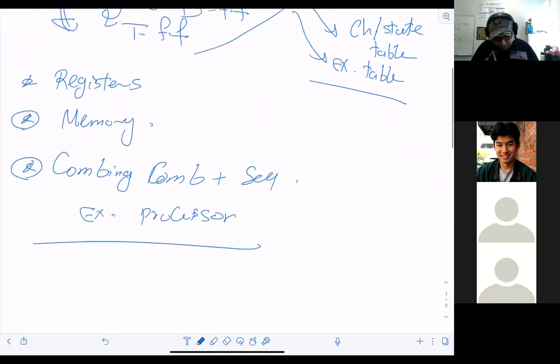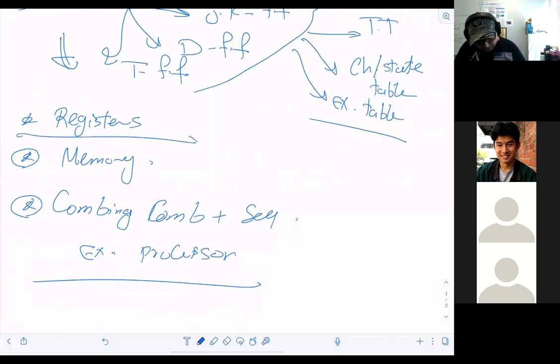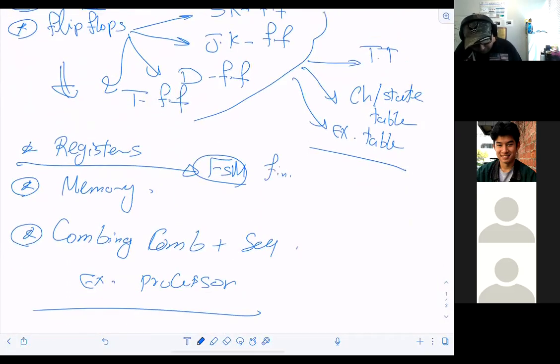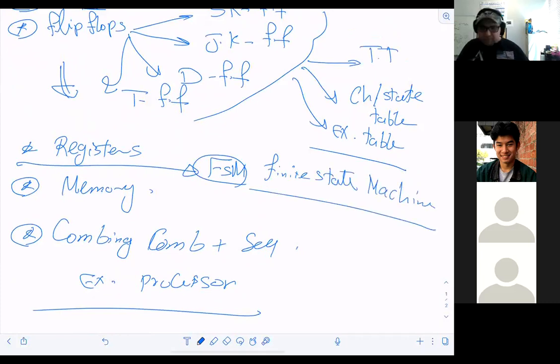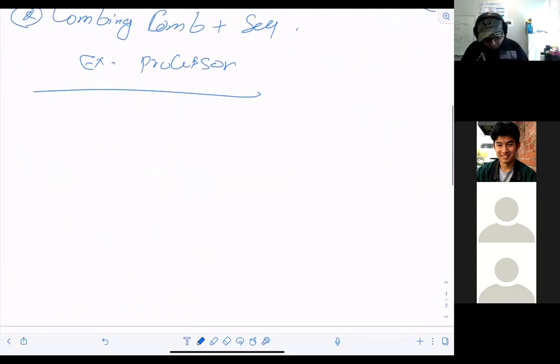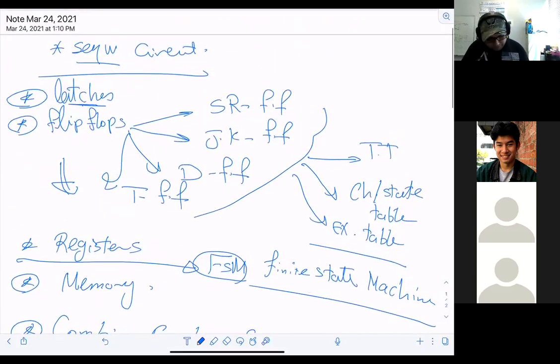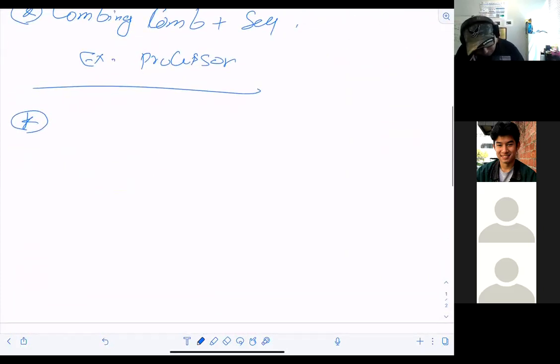And while we are moving in the registers, we're going to learn about something called FSM, which stands for finite state machine. Sounds good? Okay, so let's go to the latches.